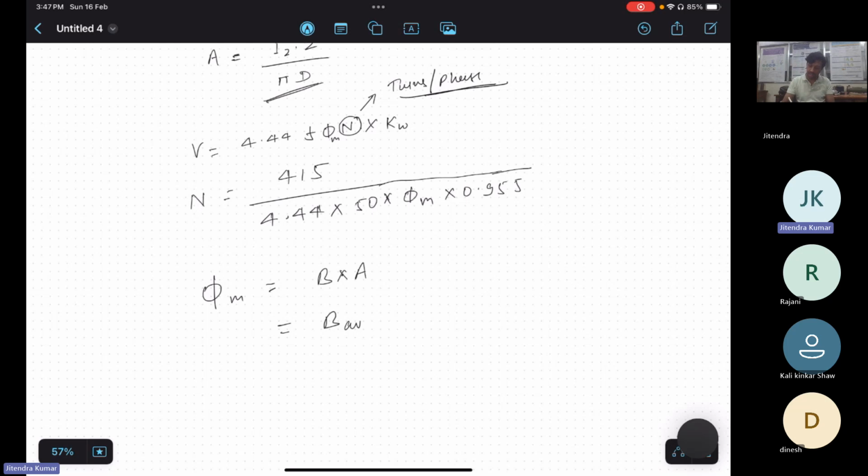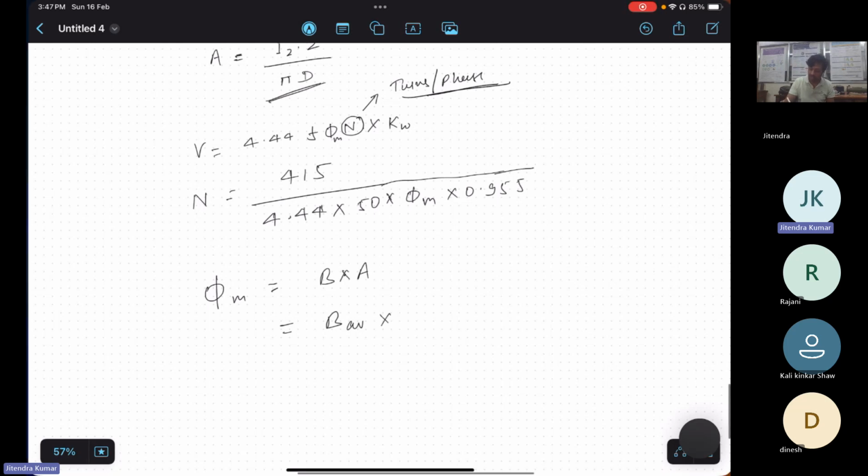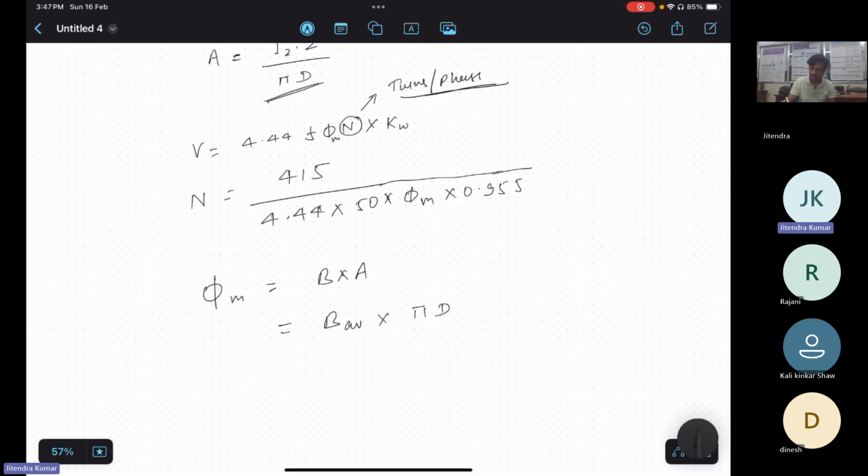So the area, I have already mentioned in the last session also, is pi DL, which is circumference, divided by P. So circumference of a pole. Now, B average we are given 0.5 into pi.